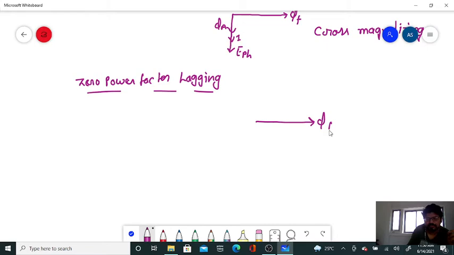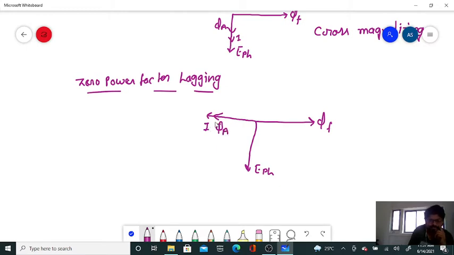Main field flux is here, EMF induced will be here. If the load is lagging, the current will lag the voltage by 90 degrees, so your current will be here, and in the same direction the armature flux will also be here.